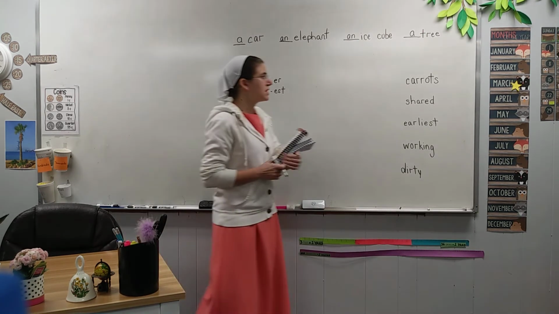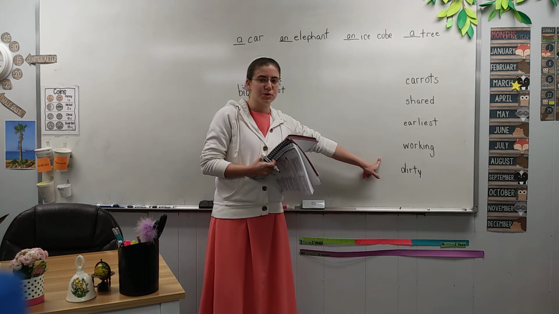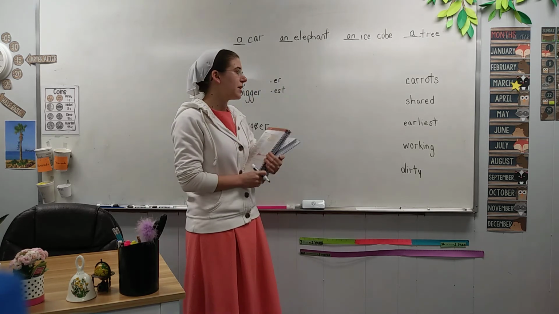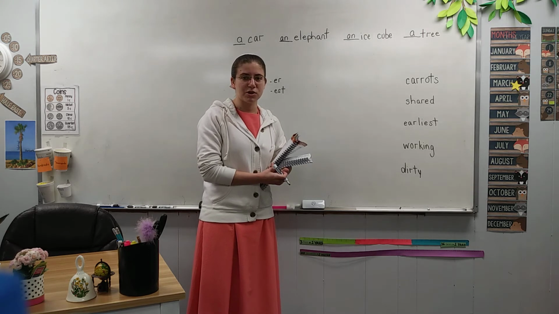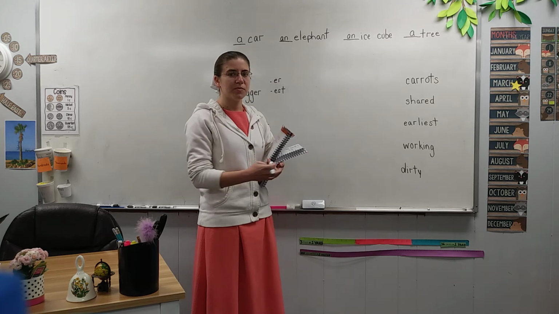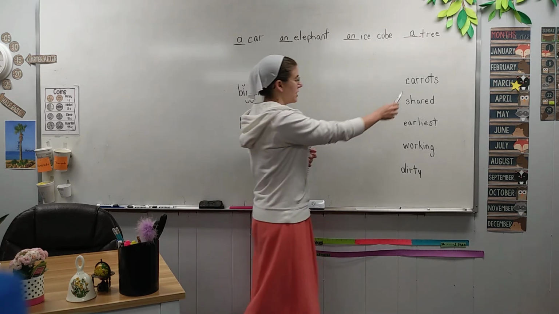I have some words listed here on the side, and I would like you to see if you can think of the root word. Remember, the root word is the word without any prefix or suffix added to it. A prefix is a group of letters you add to the beginning of a word. A suffix is a group of letters, or one letter, that you add to the end of a word.